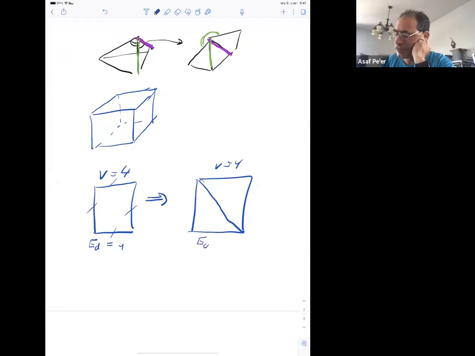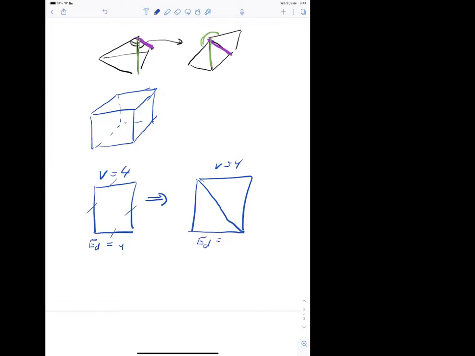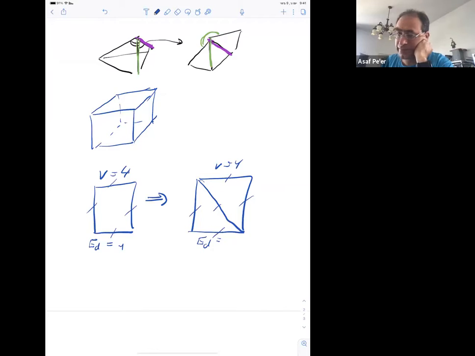What's the number of edges here? Come on, guys. Number of edges. 6. How many? 1, 2, 3, 4, 5.